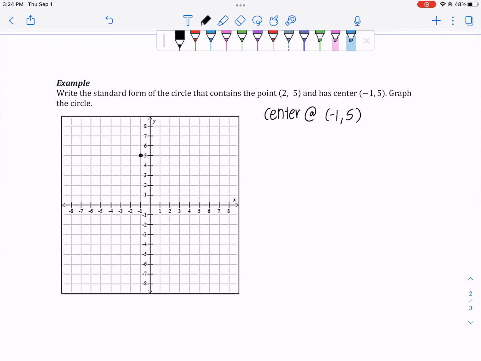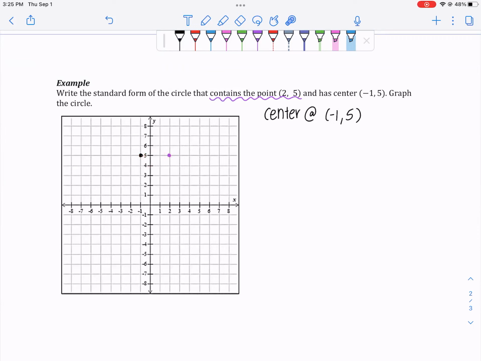Now, there's other ways for us to find the radius. If we plot the additional point that we've been given, it says the circle contains the point 2, 5, and that means that the circle goes through the point 2, 5. And here's the nice thing. If we were this lucky, which we are in this example, to have the points be directly horizontal from one another, we know this is the center, this is part of the circle.